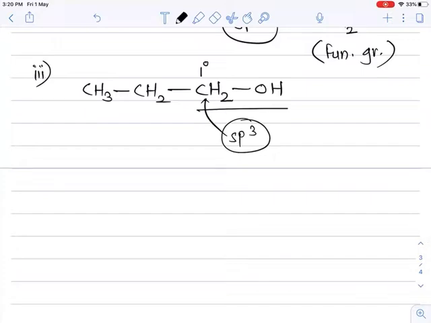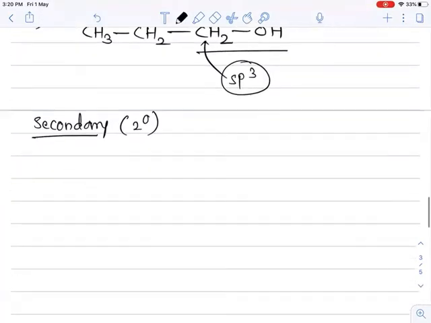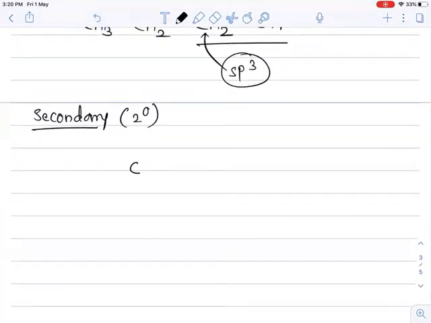Now next one we'll see about the secondary alcohols. What is meant by secondary carbon atom? The carbon to which the OH group is attached, which is attached to 2 other alkyl groups, and completes its remaining valency by hydrogen.